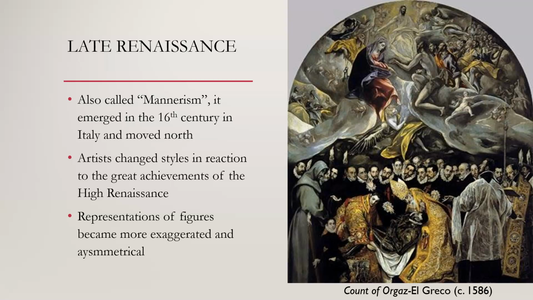So, artists at this time thought every high point has been achieved in the high Renaissance, so now they kind of changed things up a bit, and here we see elongated figures, brighter colors, still using light and shadow and things of that nature, but they exaggerate it, make it a little more stylistic in that regard.